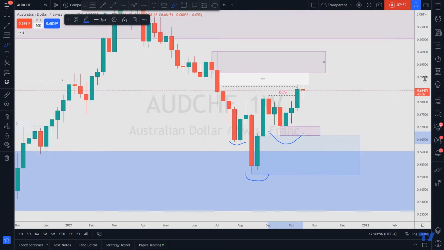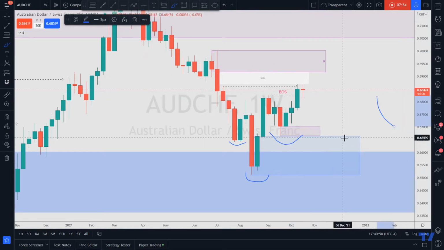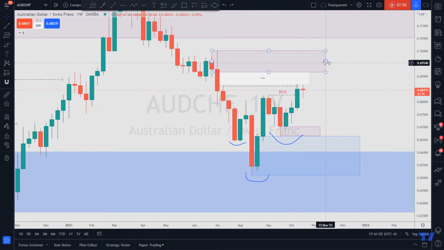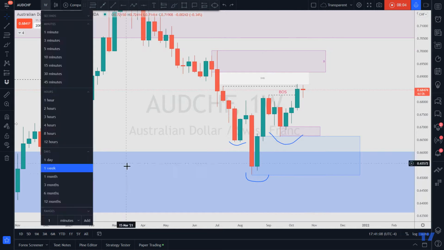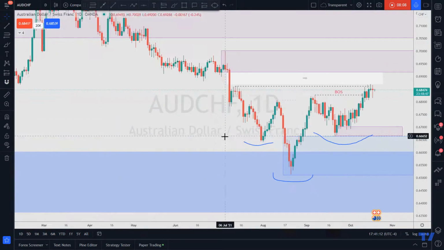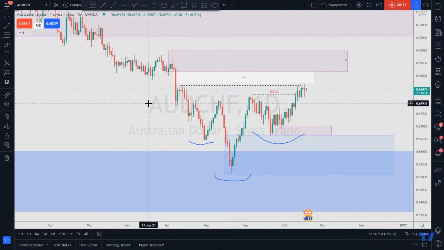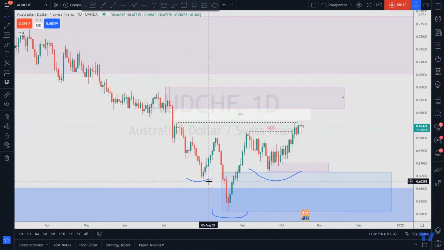We also want to make note that there is a daily supply zone up here. All right. We'll do that. It's best to do that on the daily time frame. All right. Once we get there. Okay. All right. And you can see the price action very clearly here.